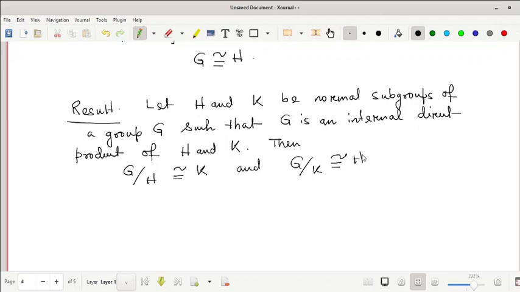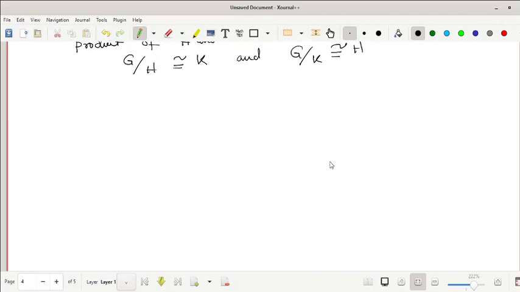The other will automatically follow from the previous one. So let us prove the first one, that G modulo H is isomorphic to K.